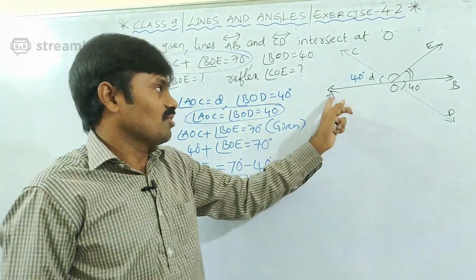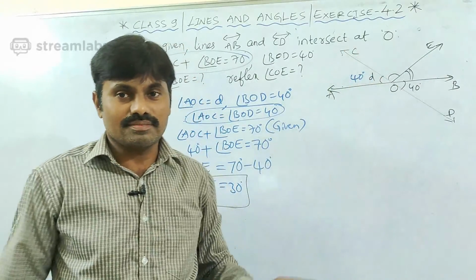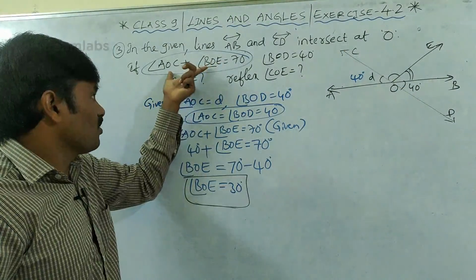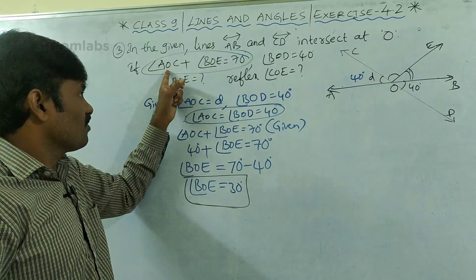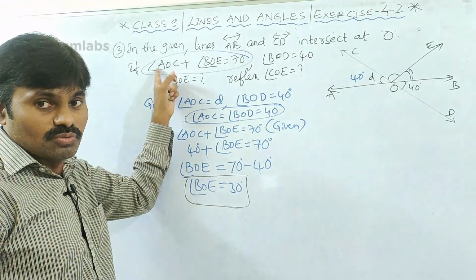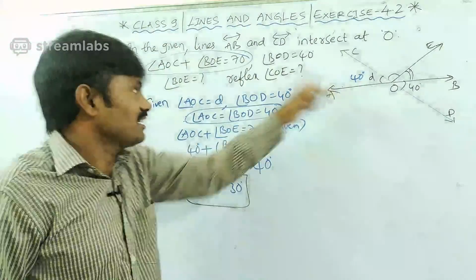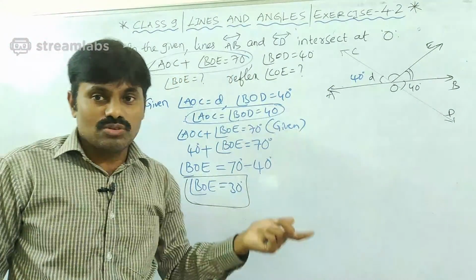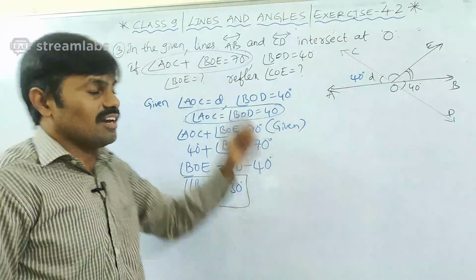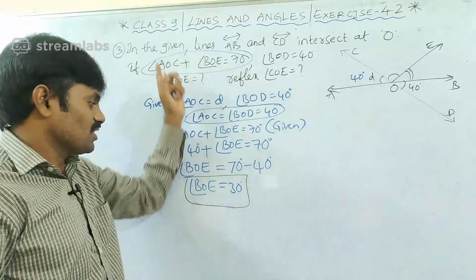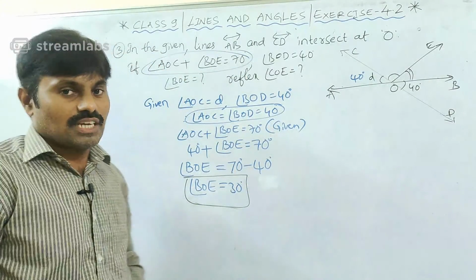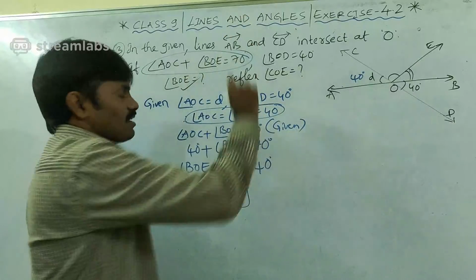Then quickly we came to know the value of angle AOC. How much? 40. Now it is easy for us to find the value of angle BOE, that is 70 minus 40, 30. That's it. Part completed.